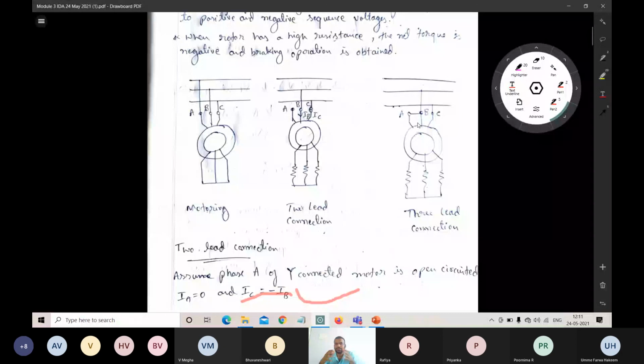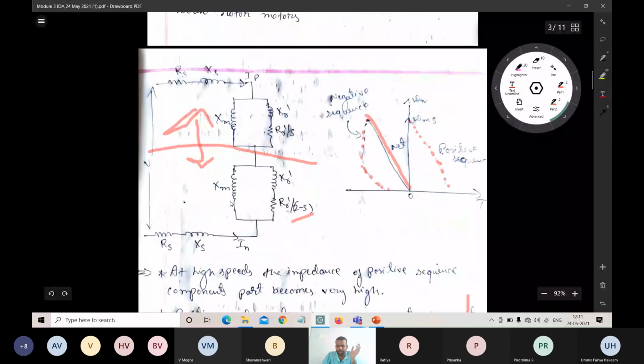So there we calculated the positive sequence of current and negative sequence of current. Similarly, in a three phase supply, in the three lead connection, we have to calculate the positive sequence of voltage and negative sequence of voltage.